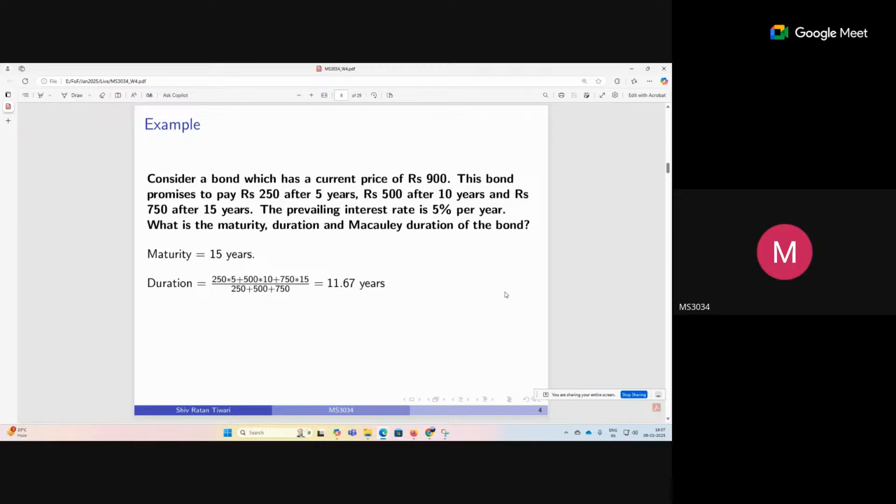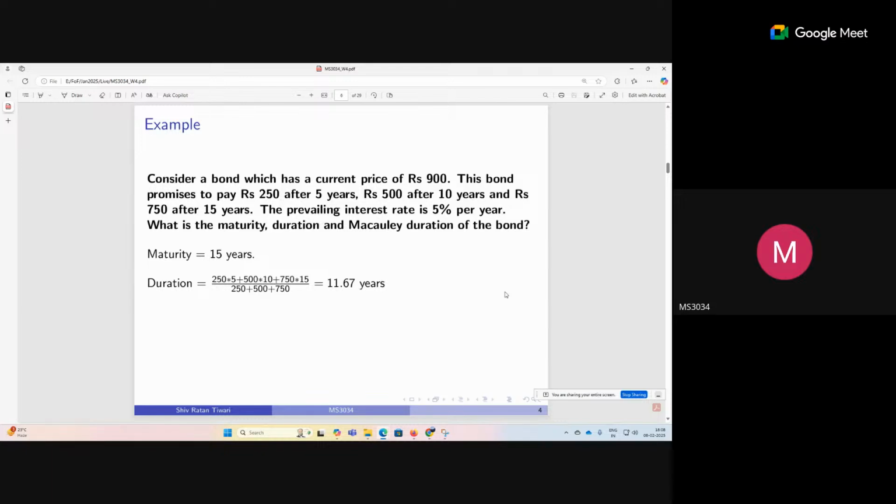After 5 years you are getting 250, so 250 times 5, 500 times 10, 750 times 15, and you divide it by the sum of all the payments, 250 plus 500 plus 750. If you do this calculation, your duration is 11.67 years.